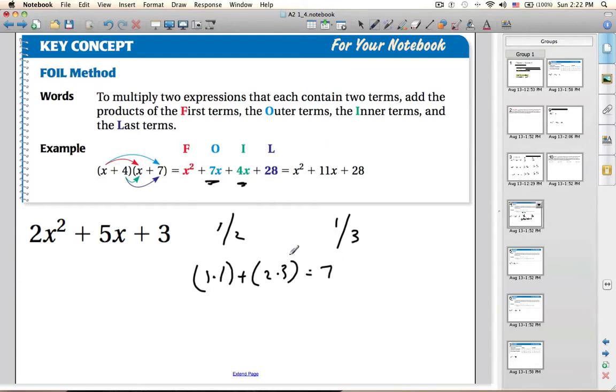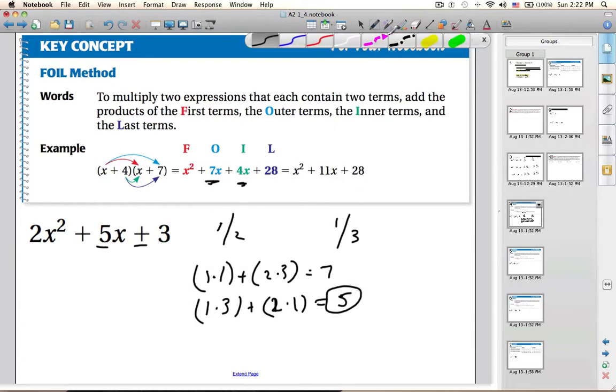That would give me 7. You notice, though, that I want to add up to 5, not 7. But if I have 1 times the 3 and 2 times the 1, 1 times 3 is 3, 2 times 1 is 2, 3 plus 2 is 5. That's the number that I wanted.